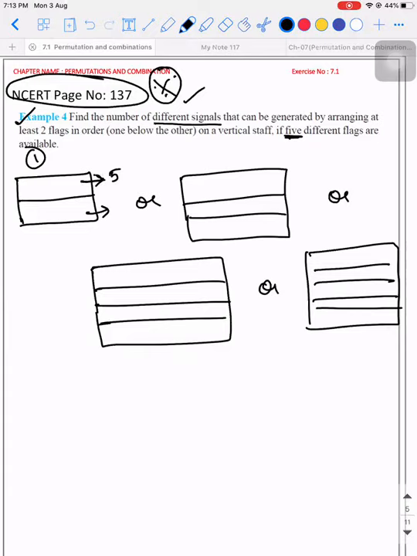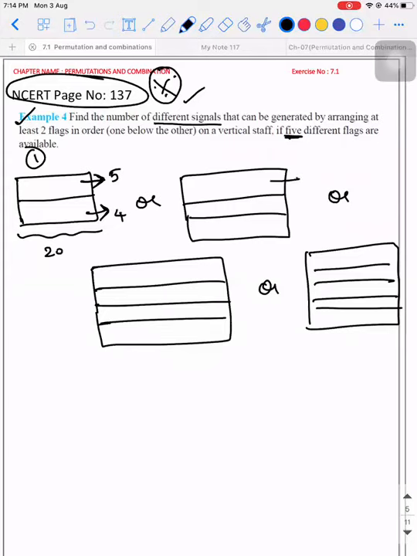So the first box can be filled in 5 ways, and the second box can be filled in 4 ways. So in total, how many ways can this be formed? 20. You can form 20 different signals using 2 colors at a time. Or I can say you can produce 20 2-colored signals. Am I right?